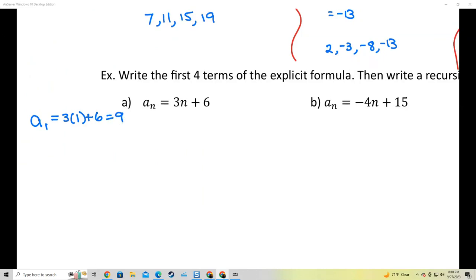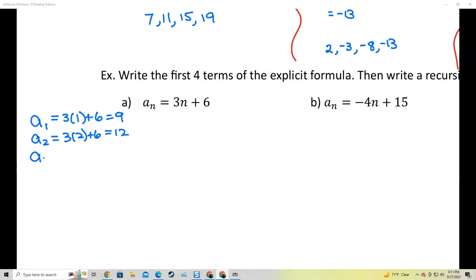You know what I just found? I just found that my first term is 9. I want my second term. How do I find my second term? Well, right now my n is 2. So anywhere I see an n, I'm going to replace it with the number 2. So I get to write 3 times 2 plus 6. 3 times 2 is 6. 6 plus 6 is 12. So I know my second term.